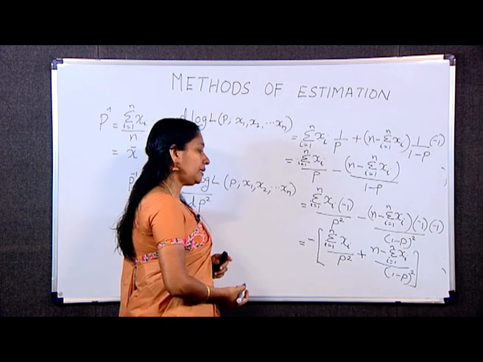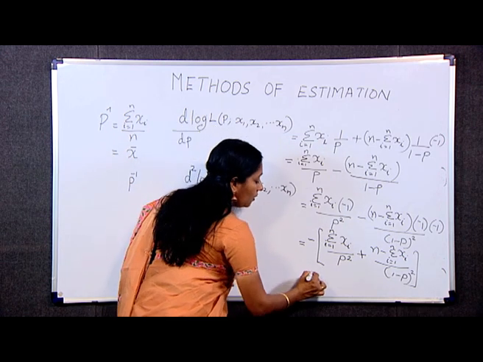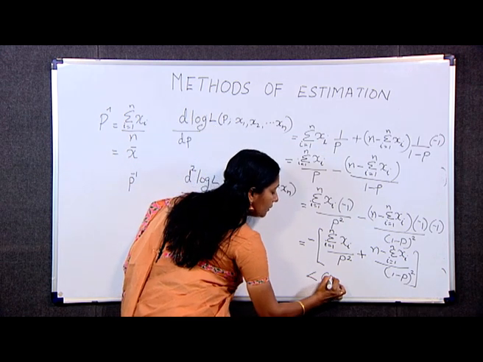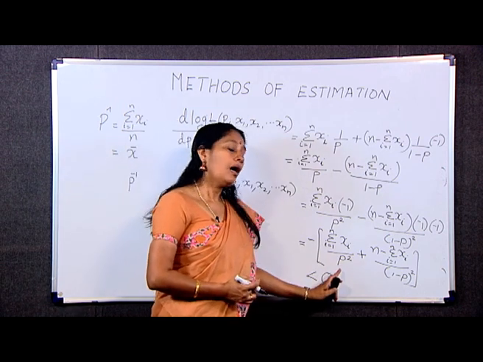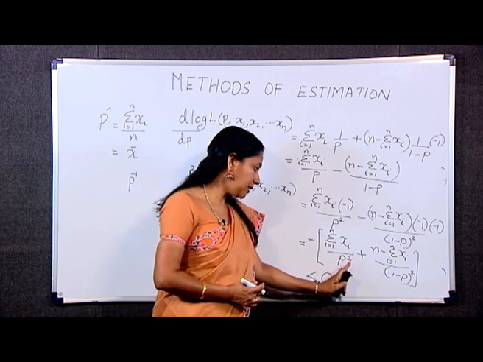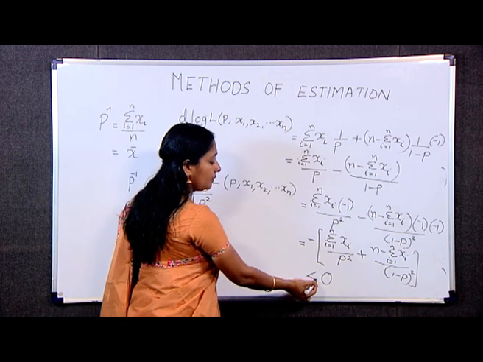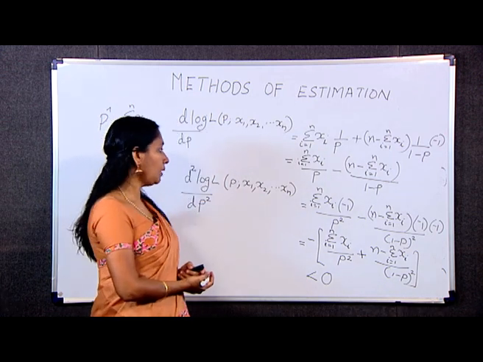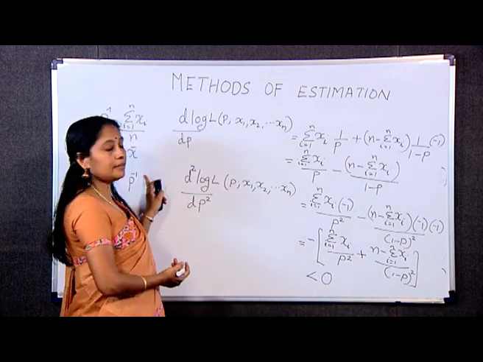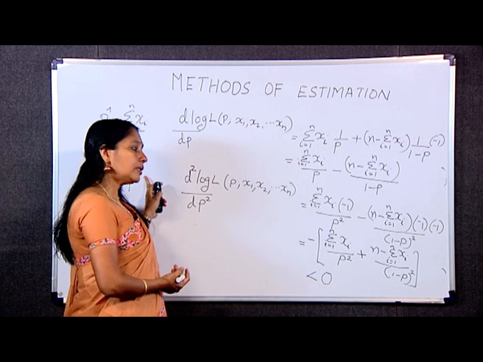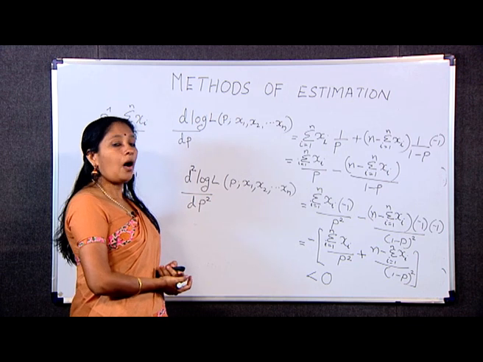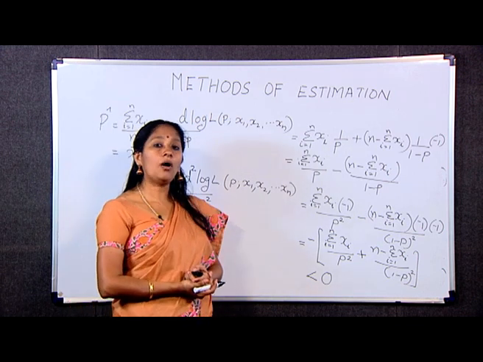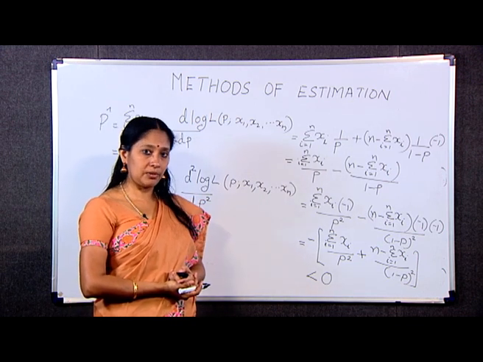Now, you can see that this is less than 0 since the terms in the bracket are always positive, and hence the second order derivative is less than 0 at the point p hat is equal to x bar. Thus, we got a maximum likelihood estimator of the parameter p of the Bernoulli distribution.